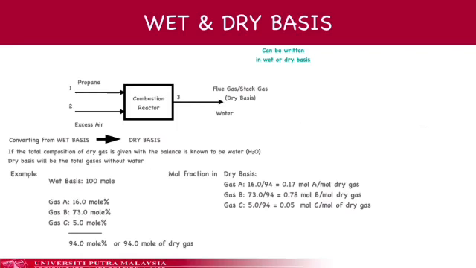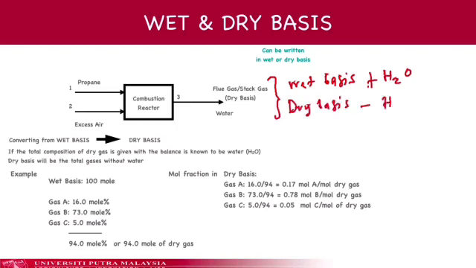And then we have water that is reported separately from the gas component, right? So for a flue gas, here we can report them in either wet basis, in which case we are going to add in water, or in dry basis, in which case you are going to remove water.